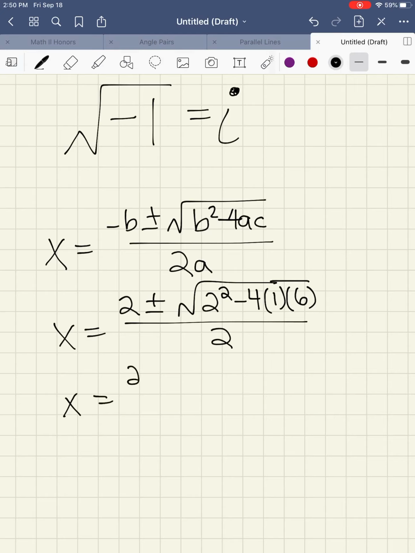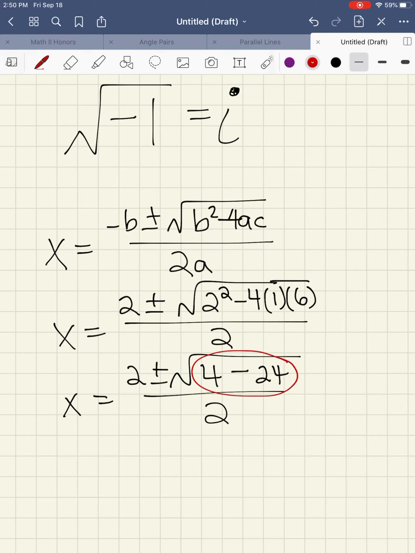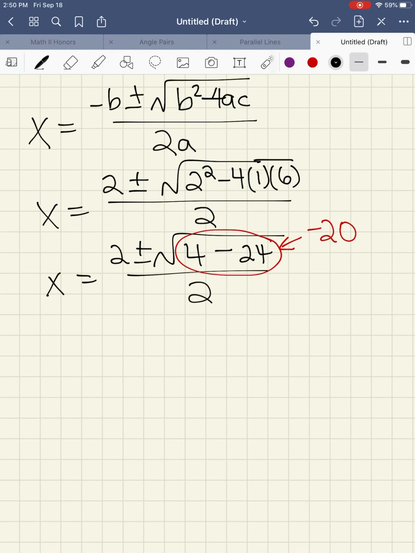So when you simplify that, you would get 2 plus or minus the square root of 4 minus 24 over 2. But notice that you can't take the square root of a negative normally because this is going to be -20. So the reason the imaginary numbers are helpful is because we can simplify it using i.